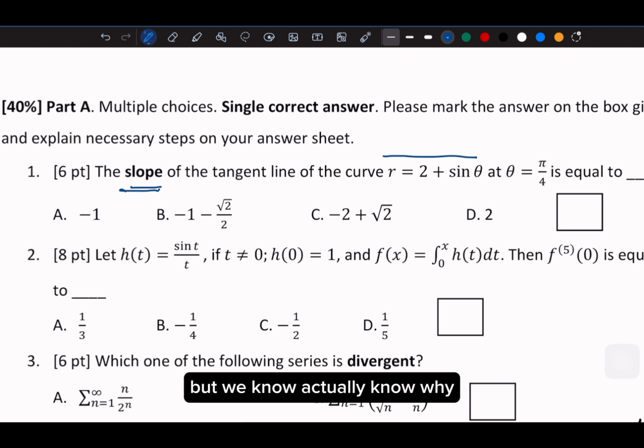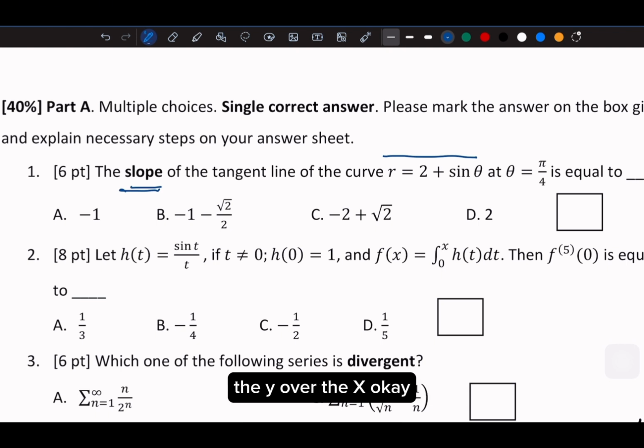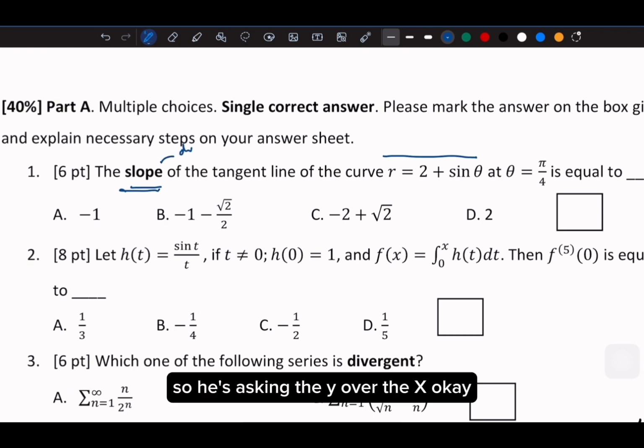So we know x, we know y. Every time the question is asking about slope, it is about dy over dx. So it's asking dy over dx.